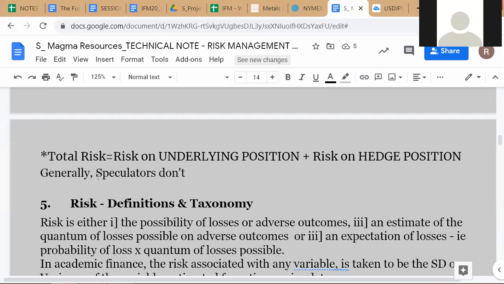So I'm using this word because there are certain cases where speculators, I think I explained to you earlier when Mitali was asking a question at the end of the class in one of the courses. I talked about how she could hedge her underlying positions if you didn't want to sell the shares. You can hedge it by selling futures or buying options, etc. So generally, speculators don't have hedge positions, okay?